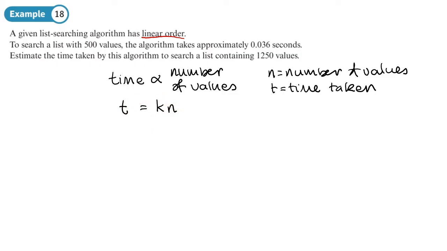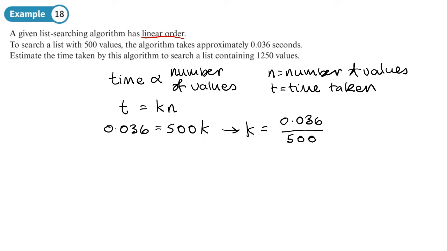So we want to find k. So 0.036 seconds is going to equal 500k. So k is going to equal 0.036 divided by 500. That gives us a value of k equal to 7.2 times 10 to the power of -5.